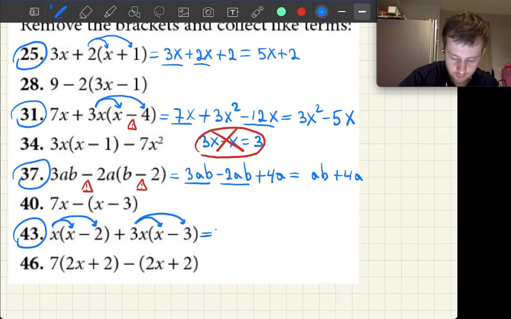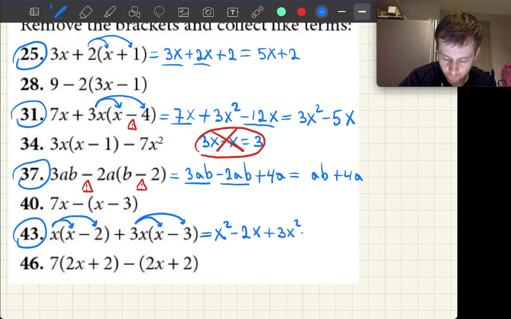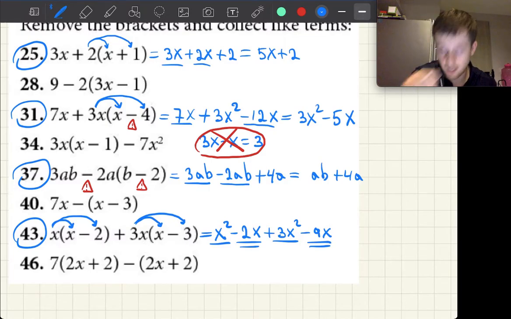So x times x is x squared, x times minus 2 is minus 2x, plus 3x squared minus 9x. And here we have x squared, 2 instances of it, and then 2 instances of x. Again, keep in mind those minuses.